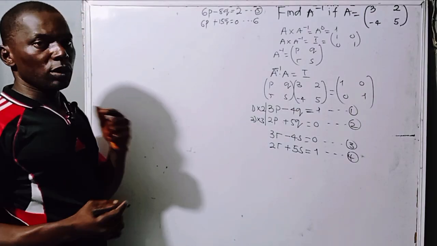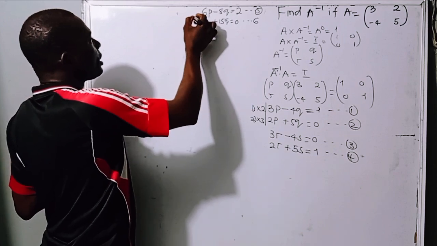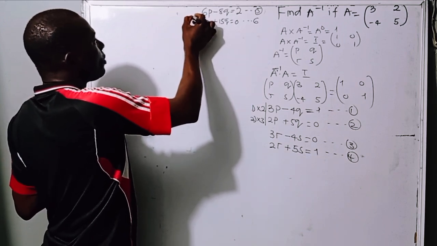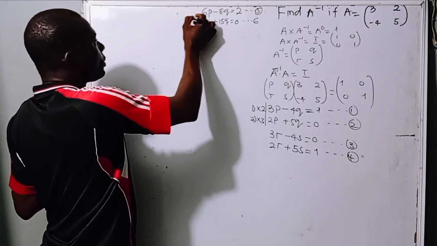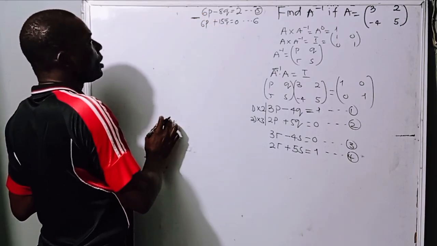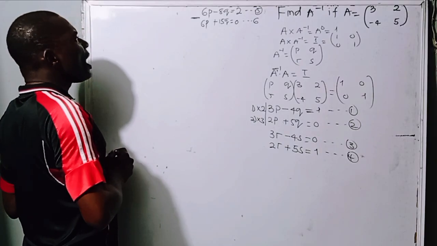Okay, this is equation 6. Now, because we are trying to eliminate p, we subtract equation 6 from 5.